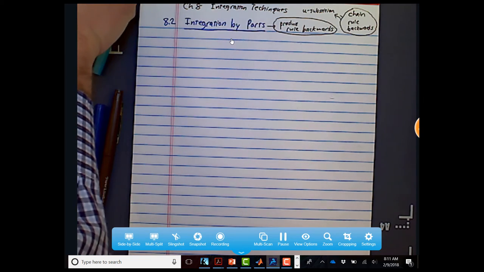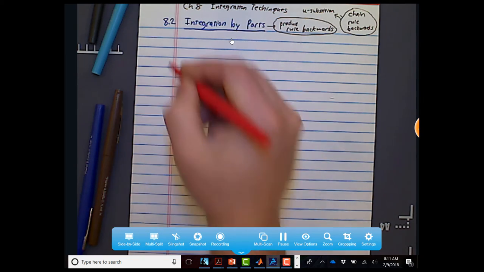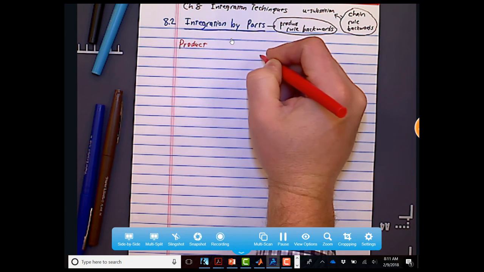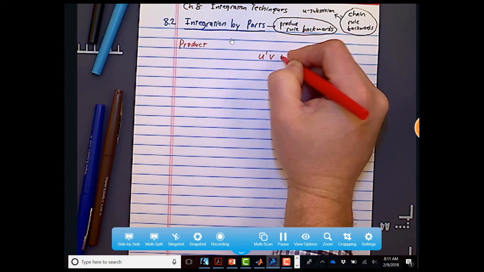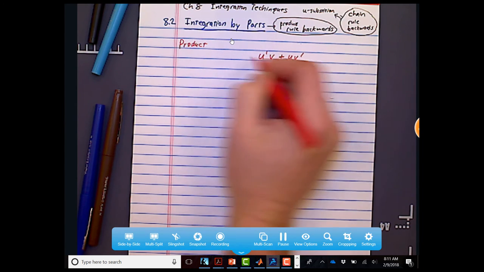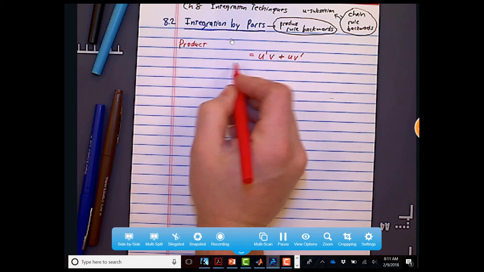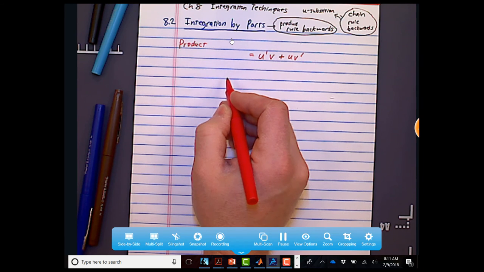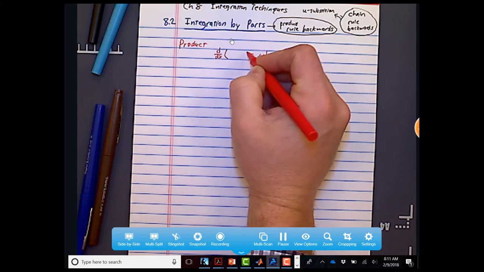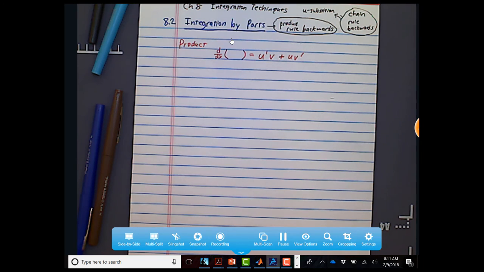Let's write down the product rule. How do you guys write down the product rule? U prime V, you said, plus UV prime. Okay. That's kind of one side of it. Are you guys okay if I write d dx of what?